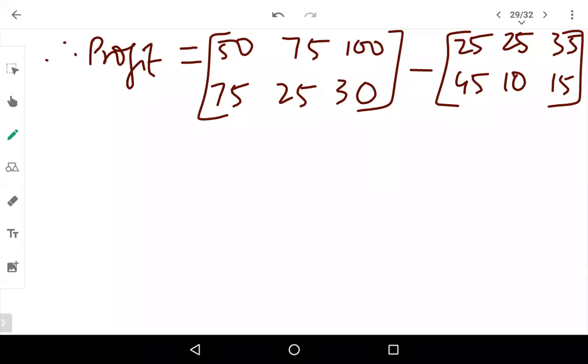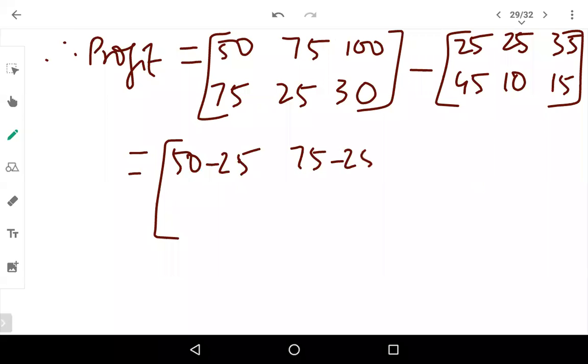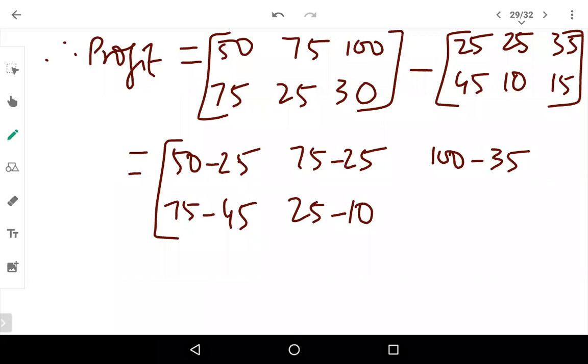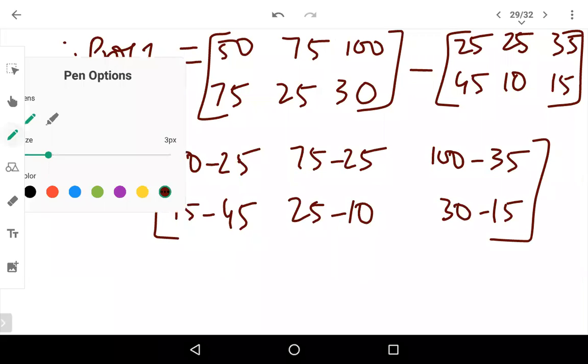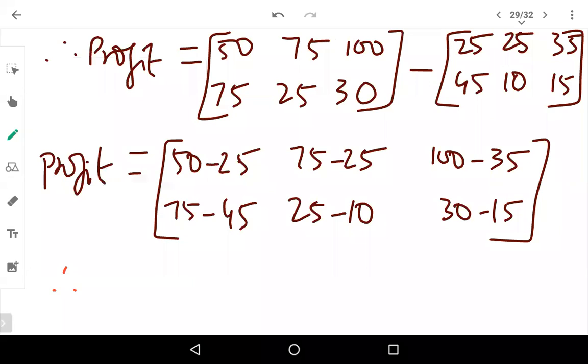Okay, good. You're giving me the answers. Now, 50 minus 25, 75 minus 25, 100 minus 35, 75 minus 45, 25 minus 10, 30 minus 15. This should be our profit matrix. So therefore, profit is equal to how much?